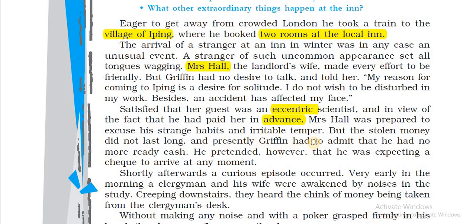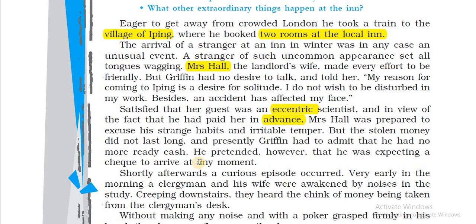That means Mrs. Hall accepted that he was a stranger and didn't think of it because she was getting an advance. But the stolen money did not last long, and presently Griffin had to admit that he had no more ready cash. That means that the money which he robbed from the shopkeeper was now ended, and he was left with no money.